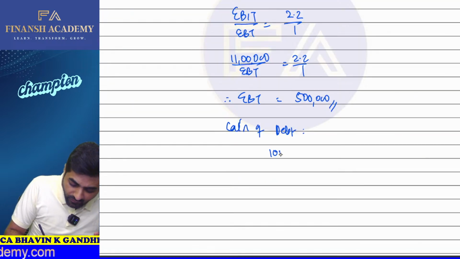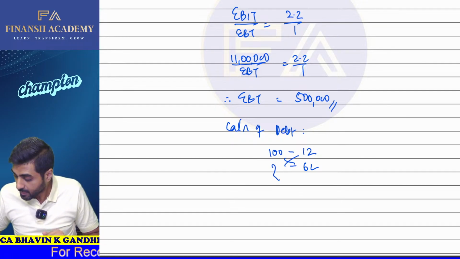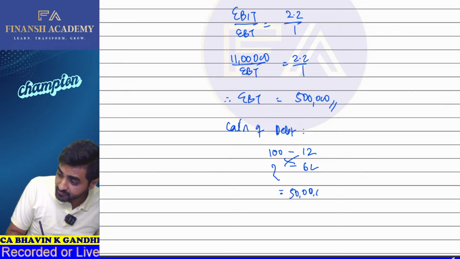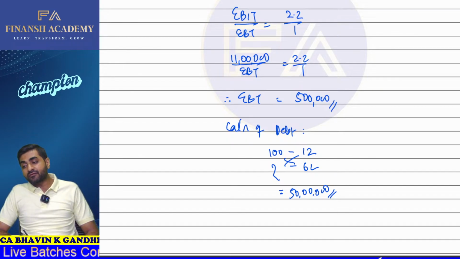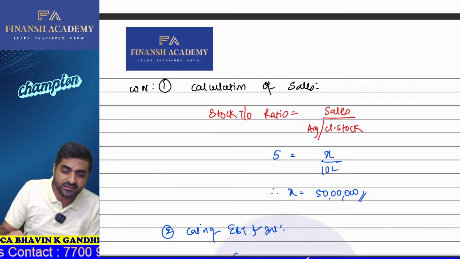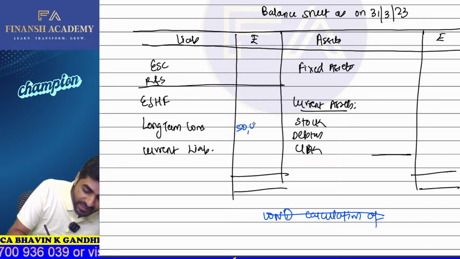So for 100, if it is 12, for 6 lakhs it should be how much? That is going to be 50 lakhs. So are you going to have the amount of the debt which will be 50 lakhs? Come on, yes or no? Yes, sir. I can go now and substitute this, which we have got from working note number 2. We have the amount of the debt, which is 50 lakhs.